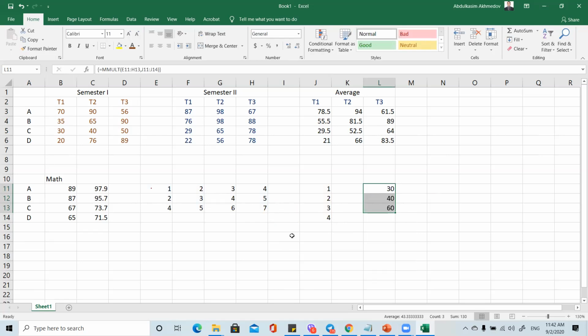If you don't select the destination cells, the computer cannot multiply the matrices. You can practice and learn more about this as we advance to other topics, and I will also show you how to find the inverse and some other things. For now, that much is enough.